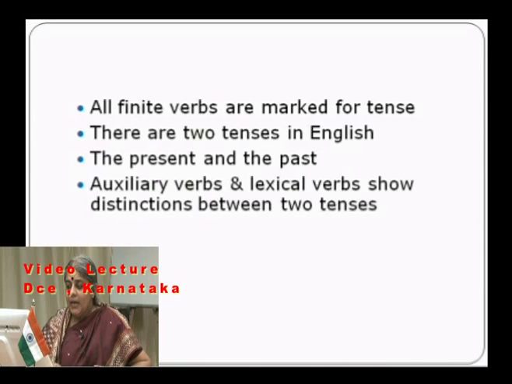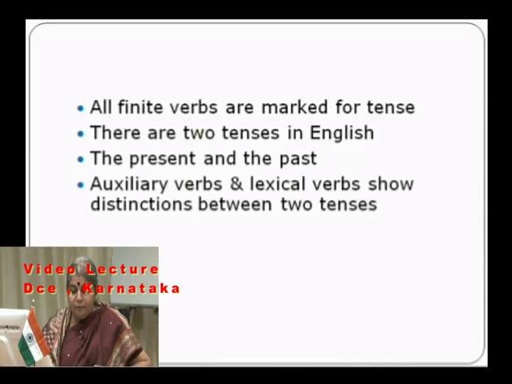Auxiliary verbs and lexical verbs show distinctions between two tenses. When I said all finite verbs are marked for tense, now how are the tense markers known?